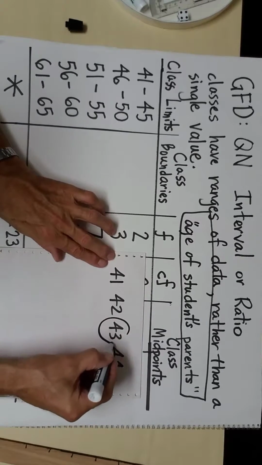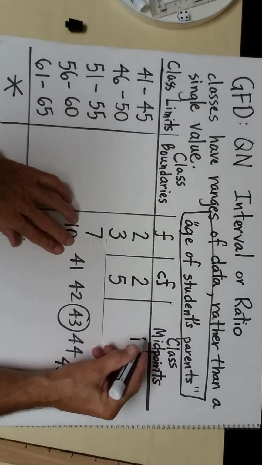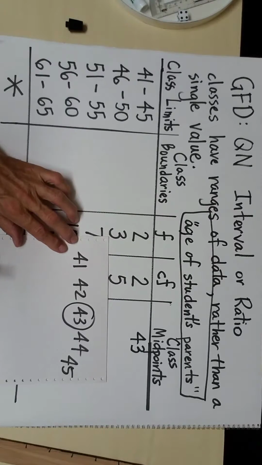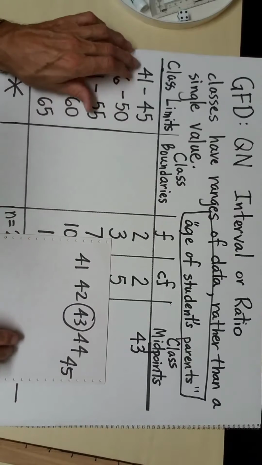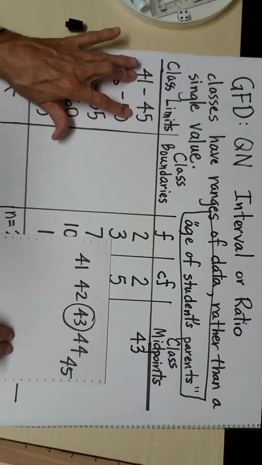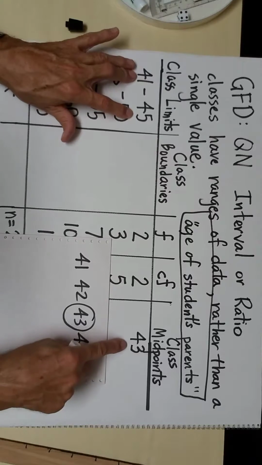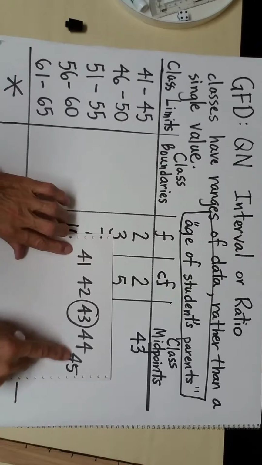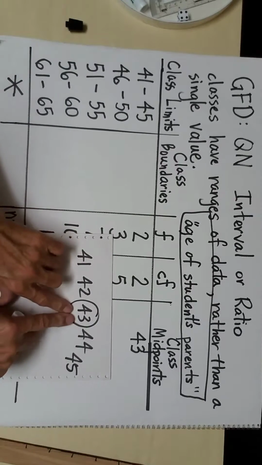The middle value would be 43. So the class midpoint for this first group is 43. If you take 41 plus 45 and add them, you'd get 86, and half of 86 is 43. You find the middle value of a collection of numbers in order by taking the first and last and averaging them together.